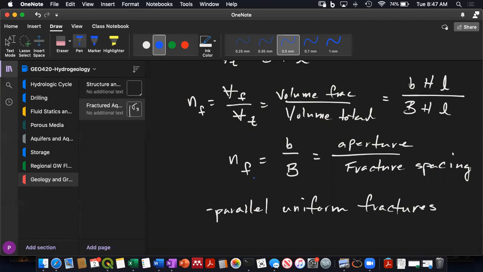So that's another way people have done it. None of them work really well. This is the bottom line: it's really hard. It's one of the big problems in hydrogeology, how to deal with fracture networks.